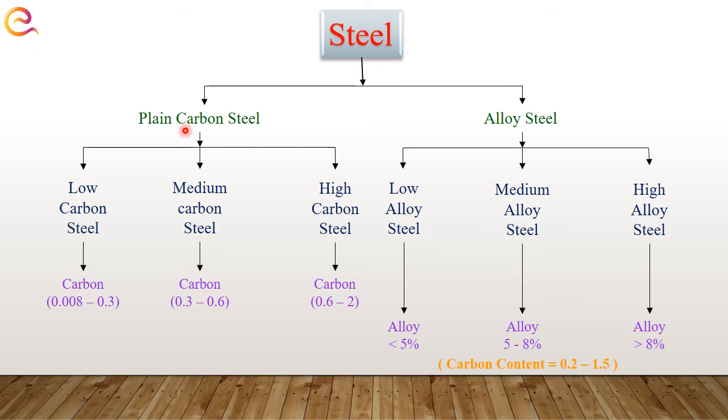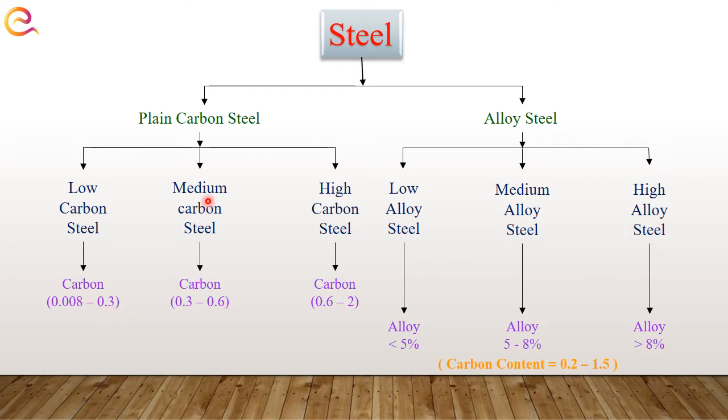Then plain carbon steels are further classified into three types. First one is low carbon steel, second one is medium carbon steel, and third one is high carbon steel. In low carbon steel, the percentage of carbon varies between 0.008% to 0.3%.